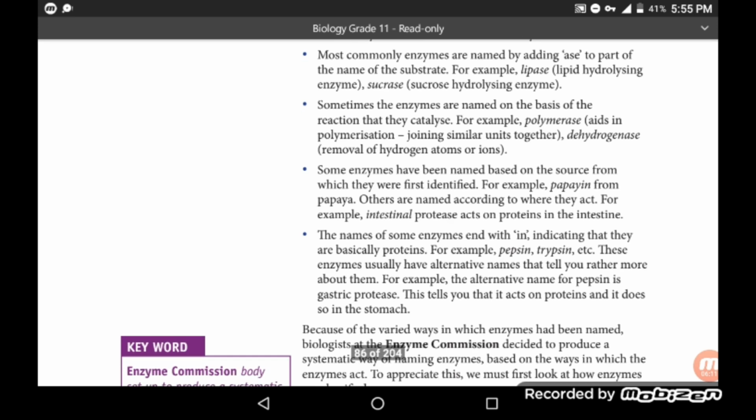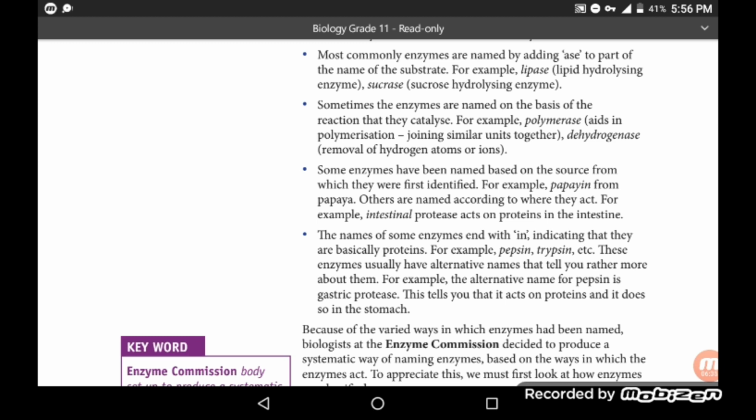And some enzymes have been named based on the sources from which they were first identified. For example, papain from papaya, which is from the papaya fruit.